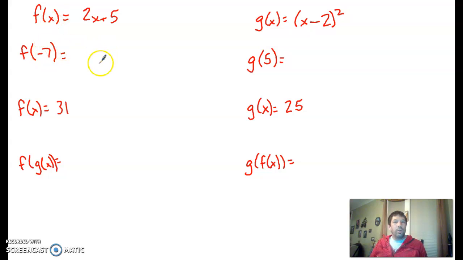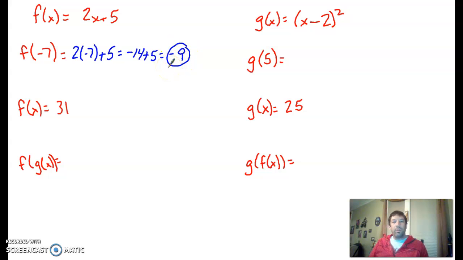So we want to plug negative 7 in for x to find out what that value is. 2 times negative 7 is negative 14, plus 5 is negative 9. So when x is negative 7, our function is at negative 9.